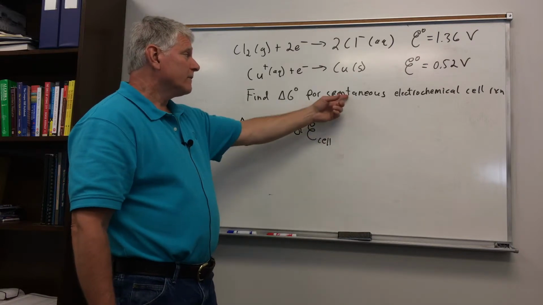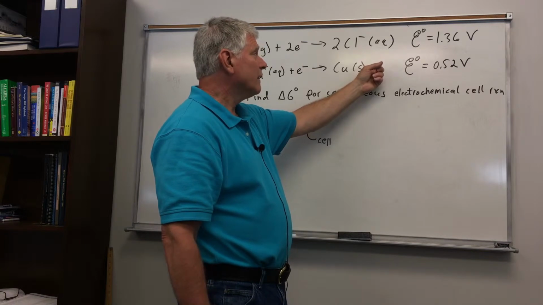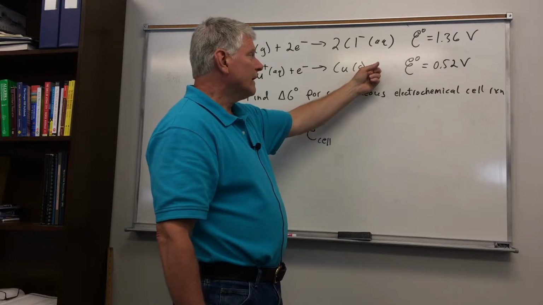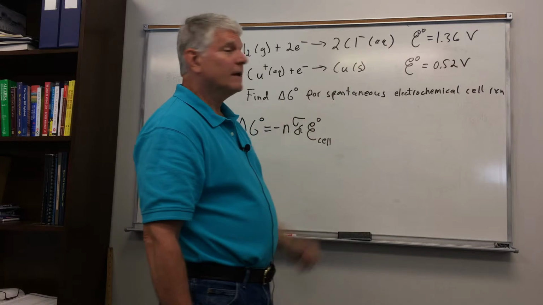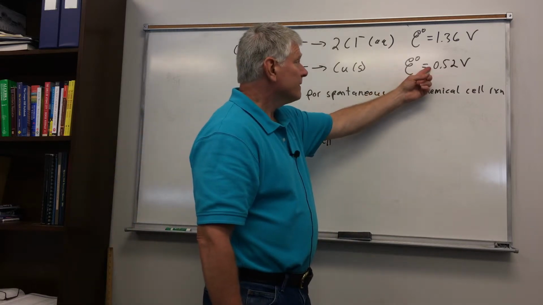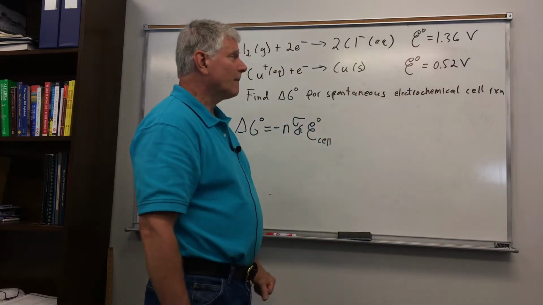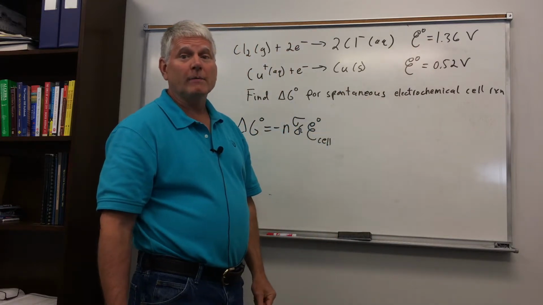So that's not spontaneous. So we would need to reverse the bottom reaction, and if we make that an oxidation, then the cell potential for the oxidation would be the negative of this, negative 0.52. So now when we add 1.36 and negative 0.52, we'll get a positive number.